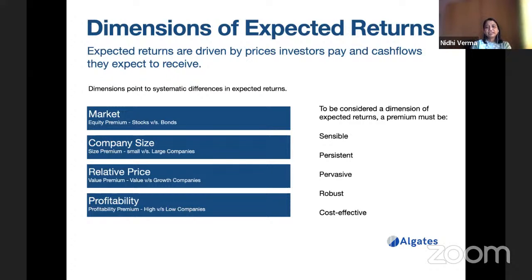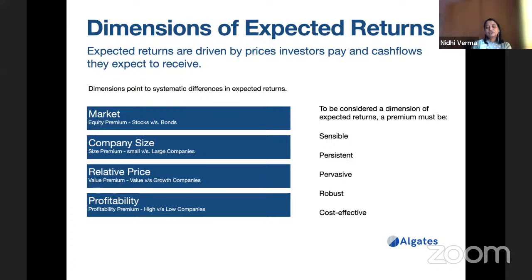So we have to make a balance, like how much time we are putting in and how much more expected return we are getting. But of course it is possible if we go in the line of these dimensions, these drivers, then we can earn return which is more than what the market has to offer in general. But we have to do the research, we have to put in the time and effort, and we have to take that anxiety and stress which comes with investment in the stock market.